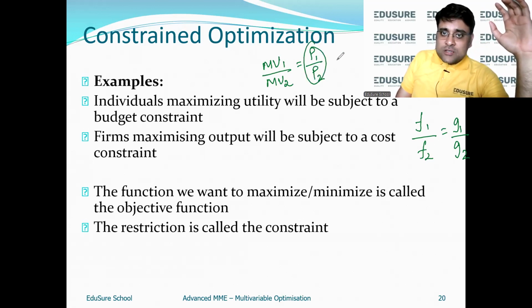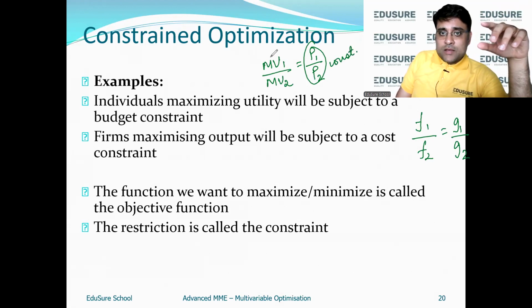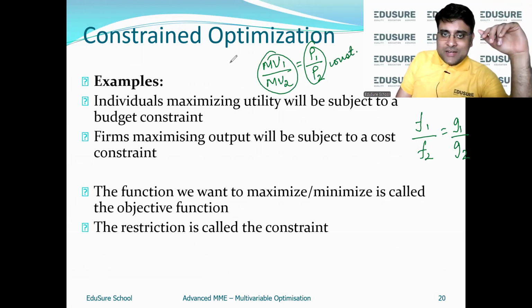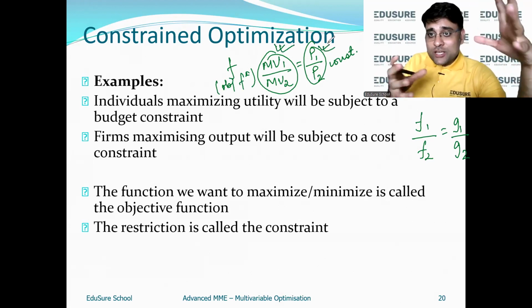Now this was the condition coming from the constraint, and this is the condition coming from the objective function, or f itself, which is also called the objective function. Okay, so this we are already used to seeing.